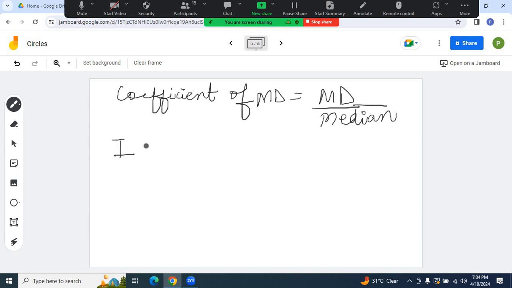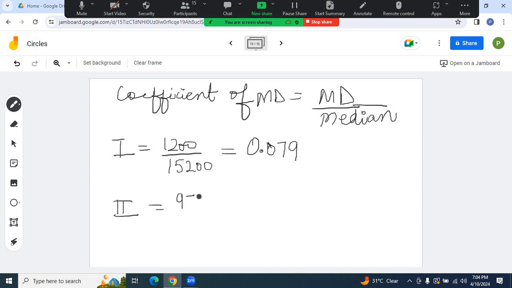So for first income group, mean deviation upon median. Mean deviation was 1200 and median was 15,200. It will be 0.079. And for second income group, mean deviation is 971.43 upon median is 17,000.